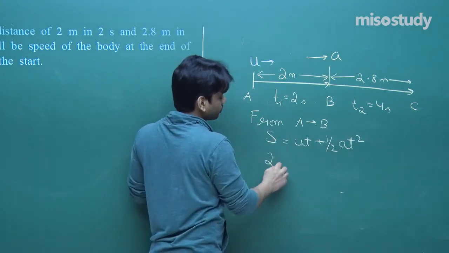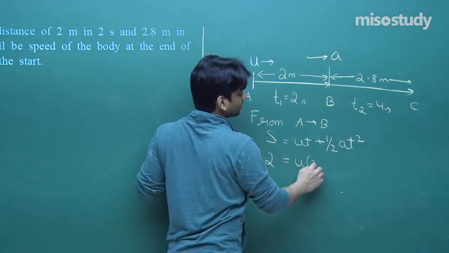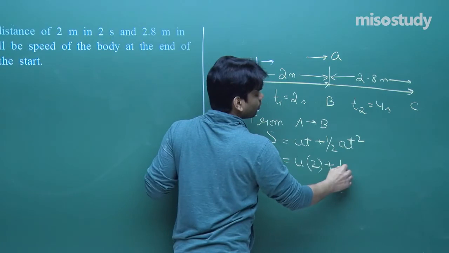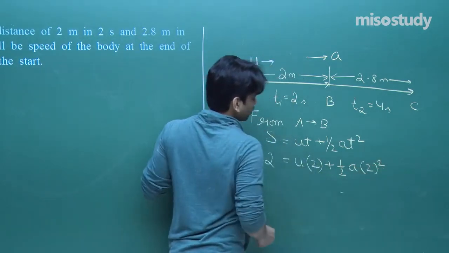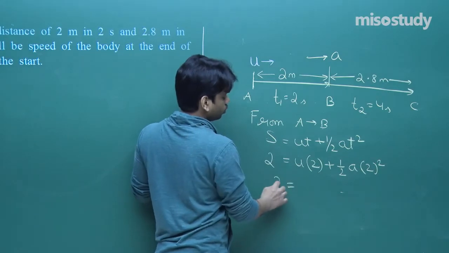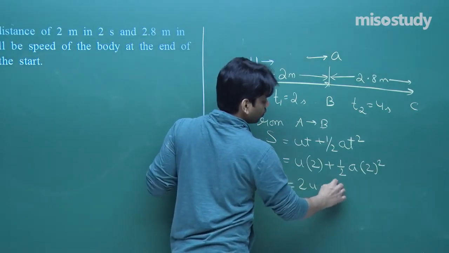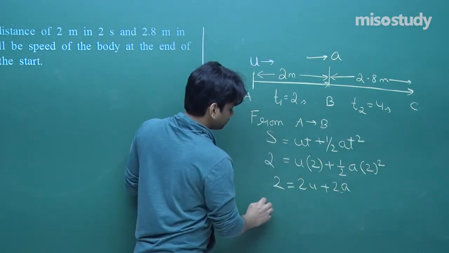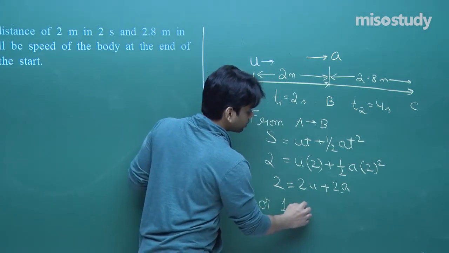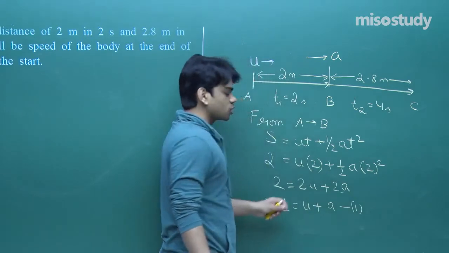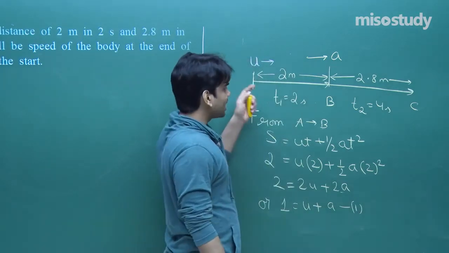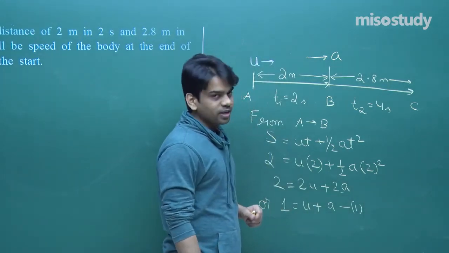S is 2, u we don't know, so keep u as it is, time t is 2 plus half a t square, that is 2 square. So you will be obtaining 2 is equal to 2u plus 2a, or 1 is equal to u plus a with proper units. 1 equals u plus a, this is the first equation. a is the acceleration, u is the initial speed that we have taken.